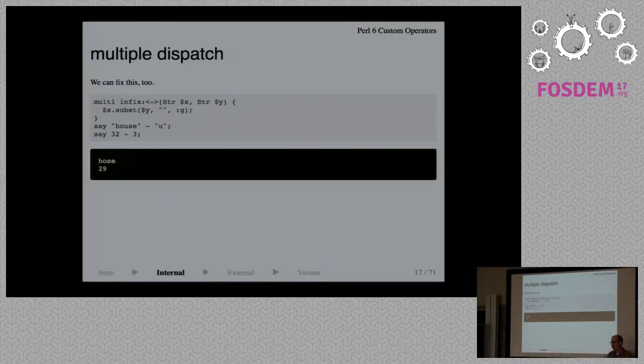It will look at the number of arguments, for instance, or named arguments. You can use them with different types of signatures, mixing types and non-types.